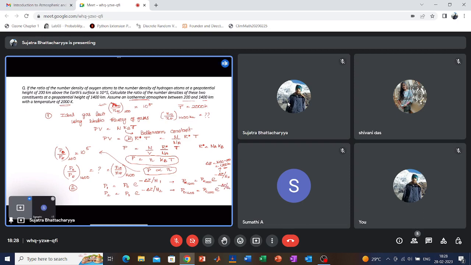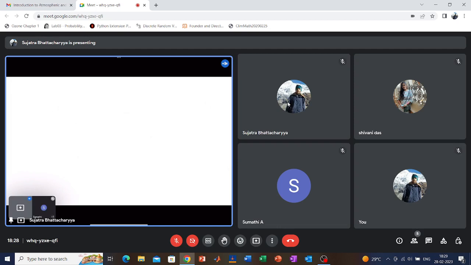Now if we divide these, what will we get? Let me write this as equation A, this as equation B, and go to the next page.